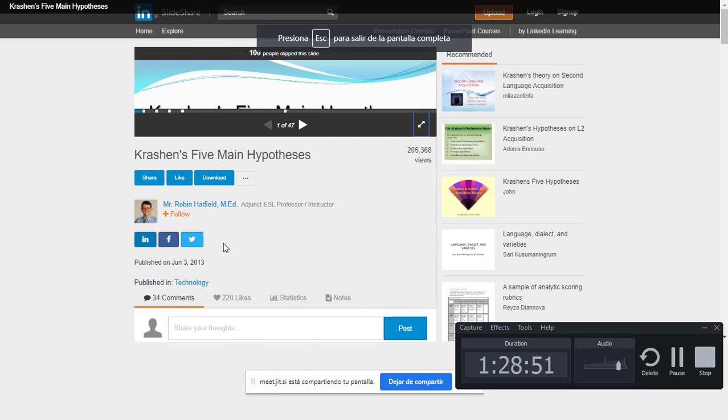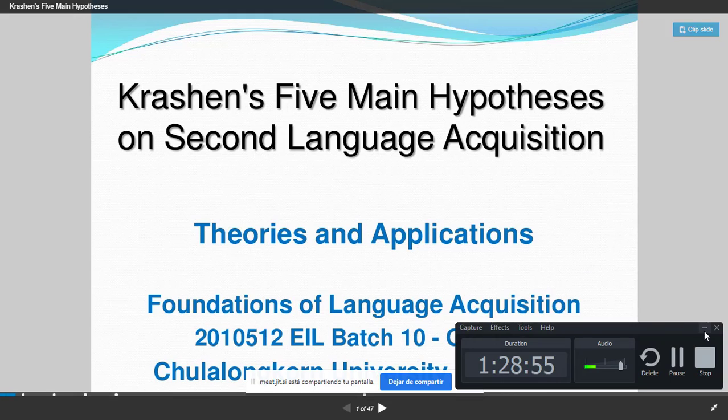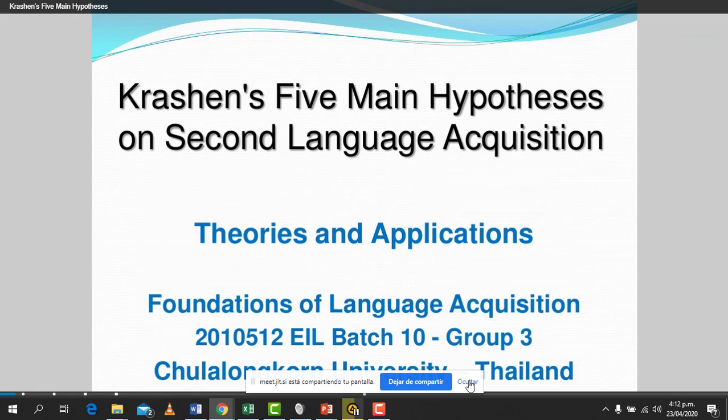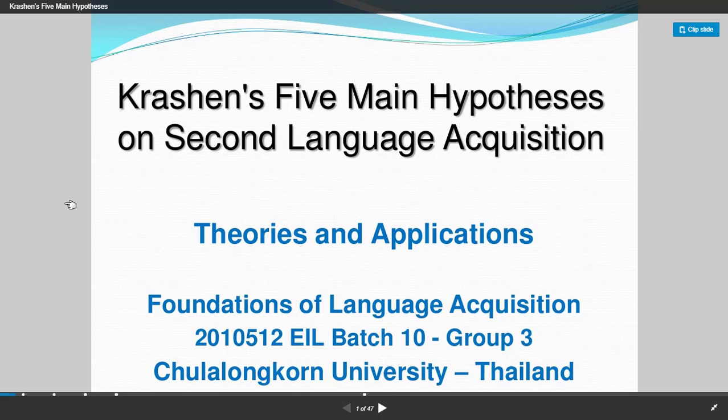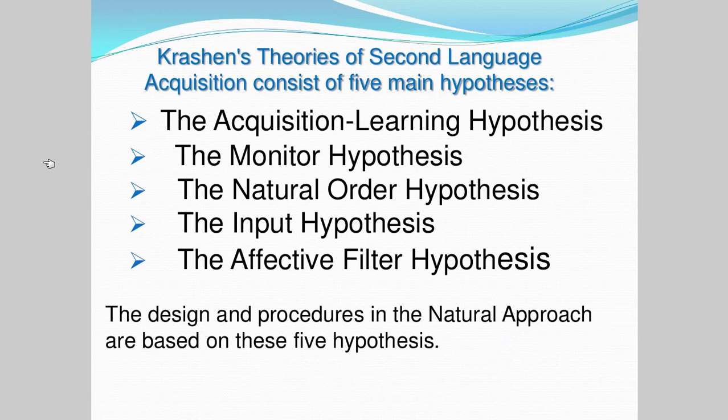Kind of long, but it's a very good slide. I'm going to use this information from Chulalongkorn University in Thailand, but it's a very good material, trust me. So for Stephen Krashen, we're going to take into account some little aspects.